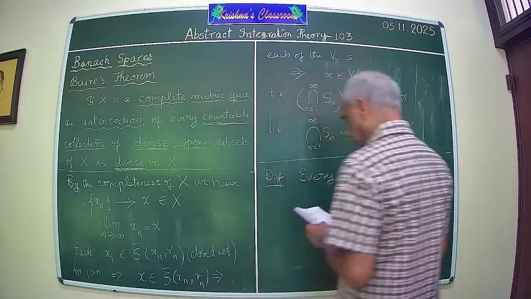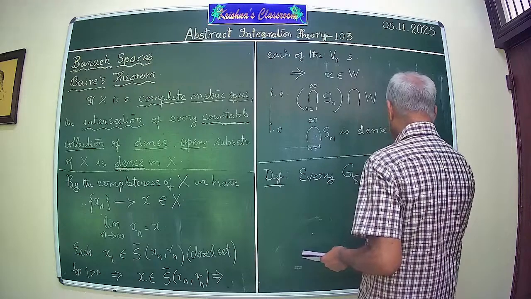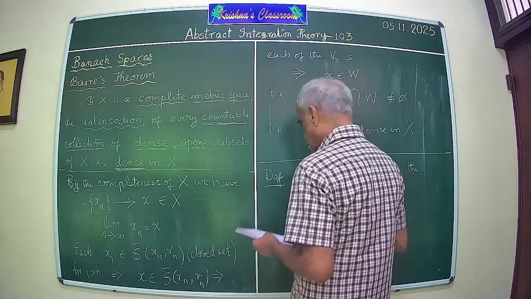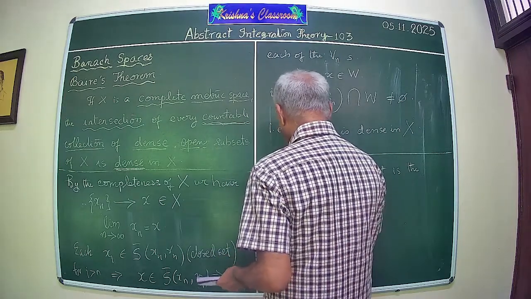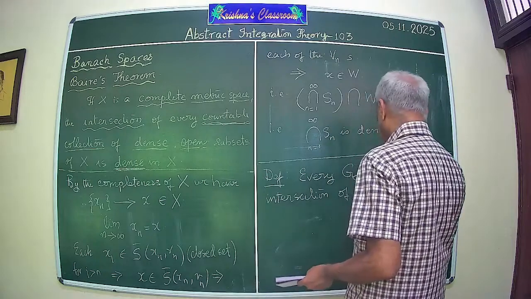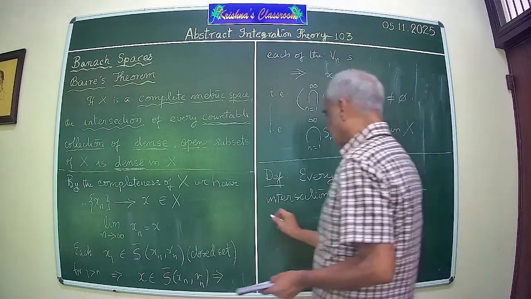Every G delta is the intersection of a countable collection of open sets.